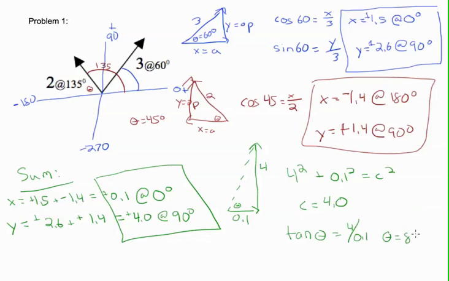And you can see that that's the case. Now when we double check our unit circle, we see that our theta is in unit circle already, 89 degrees.